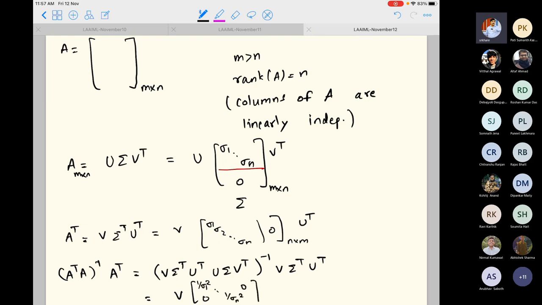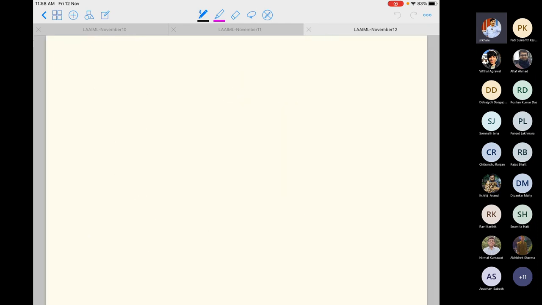That is what you will get for the inverse, times V transpose V sigma transpose U transpose, right? V transpose V is again identity. Sigma transpose is basically the wide matrix with sigma 1, sigma 2. So if you simplify this further, A transpose A inverse A transpose is nothing but the pseudo inverse.